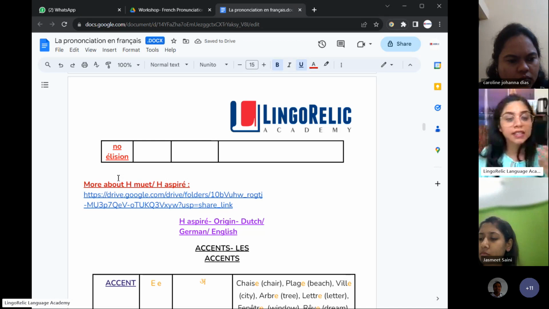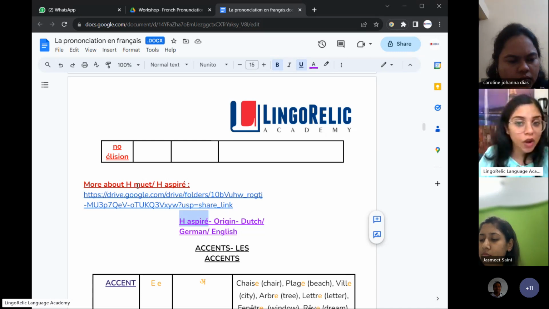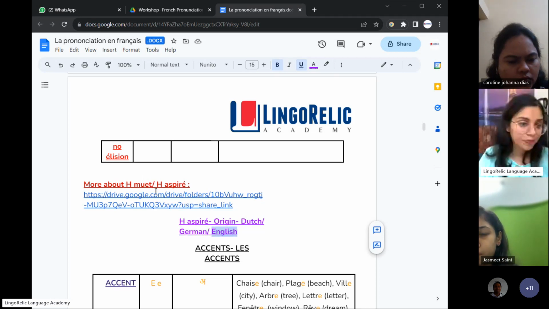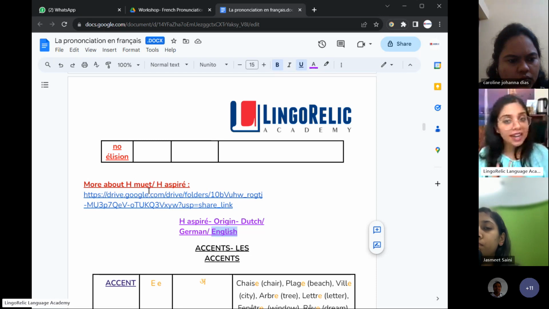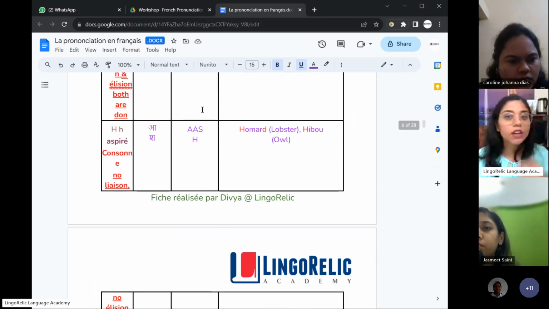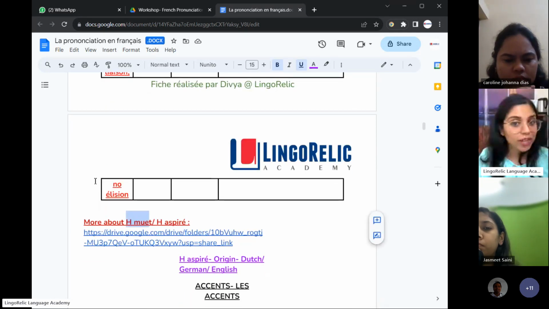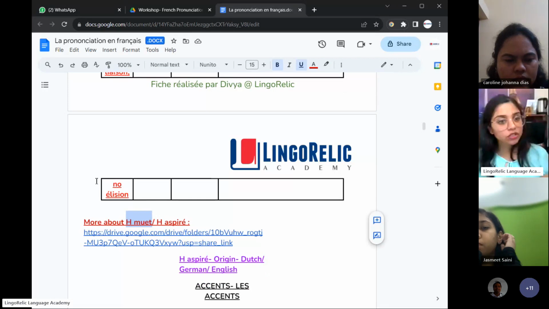See, the thing is that why some words are considered into ash aspiré is because those words have an origin that is either Dutch or German or English. These words originally in French, they are borrowed from Dutch or German or English origins. And hence they are considered to be ash aspiré. That means with them, you don't do liaison, you don't do elision, you put le hibou, okay, le homard, like that.